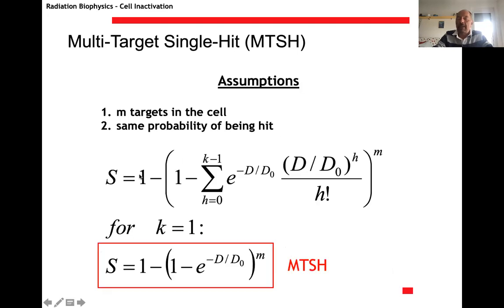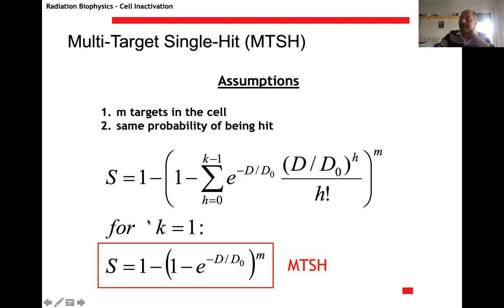It will be 1 minus the sum for H from 0 to K minus 1 of this term again, where V is 1 over D0, to the power M. Because if you have M targets, the probability of inactivating the target will be 1 minus this one, times 1 minus this factor, times 1 minus this, M times. So 1 minus the probability of inactivation gives you the survival curve. This is called the multi-target multi-hit.